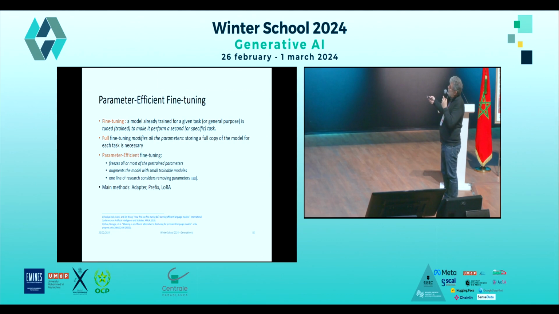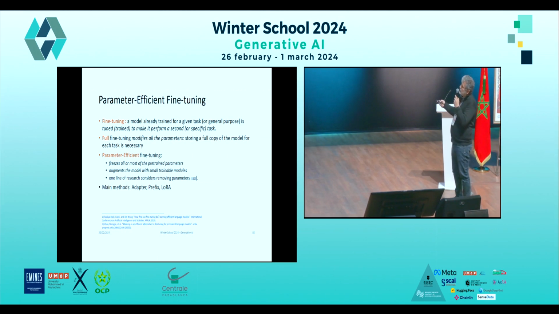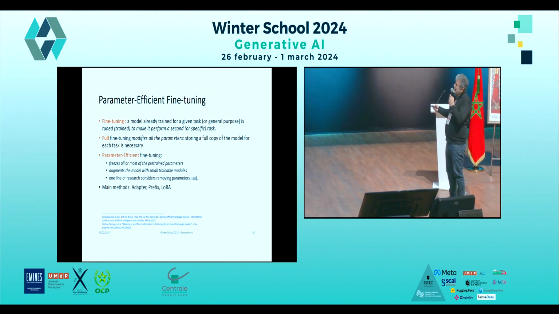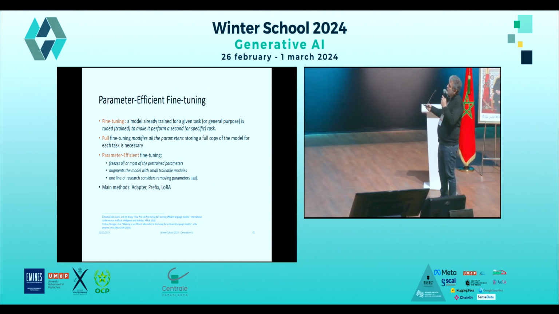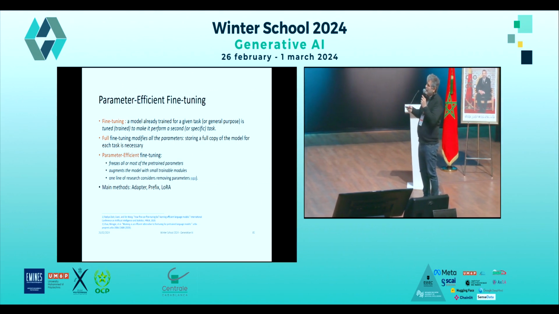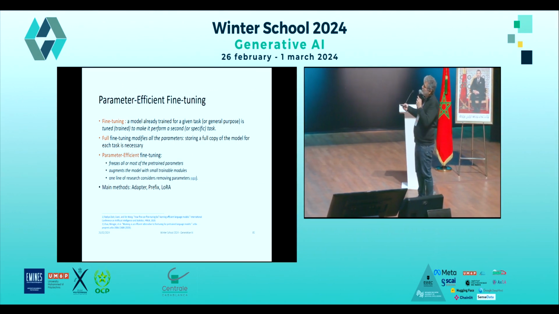So the result is that full fine-tuning results in the need to store a full copy of the model for each task. For this reason, the research community and the industrial community came up with what we call parameter efficient fine-tuning, that essentially uses the previous model as is. It doesn't modify it, so it freezes the model.